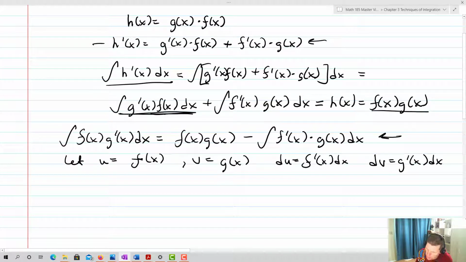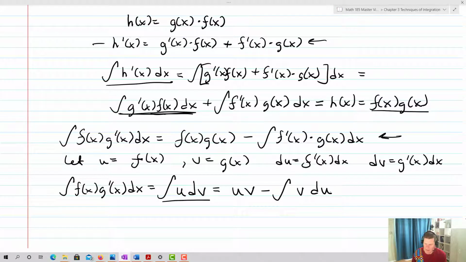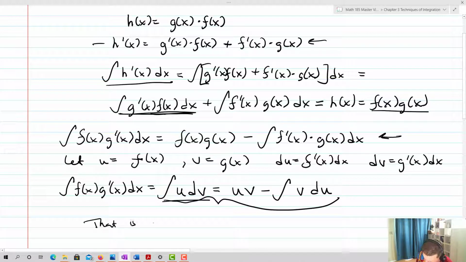When we substitute back in, we get the integral of f of x g prime of x dx equals the integral of u dv, which will equal, and this is the big part that we're going to use for integration by parts, u times v minus the integral of v du. Okay, just take a second, pause the video right now, and see how we ended up with that substitution. Okay, this here, that is the equation for integration by parts.